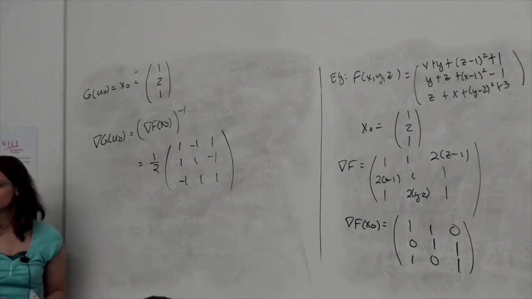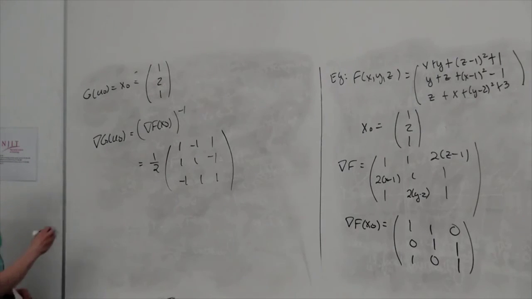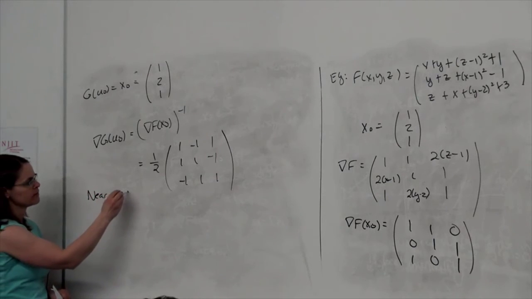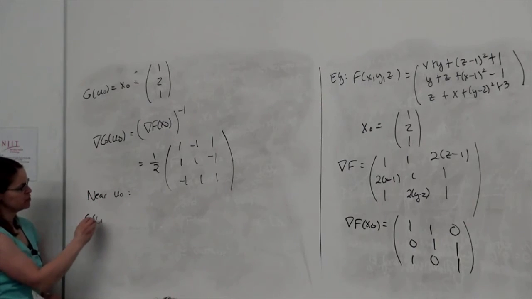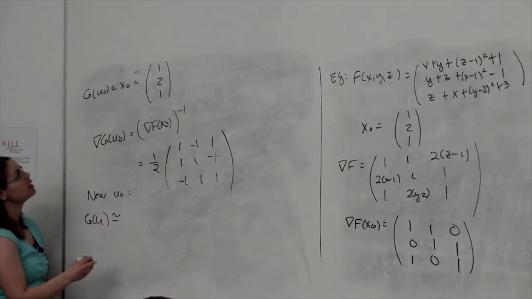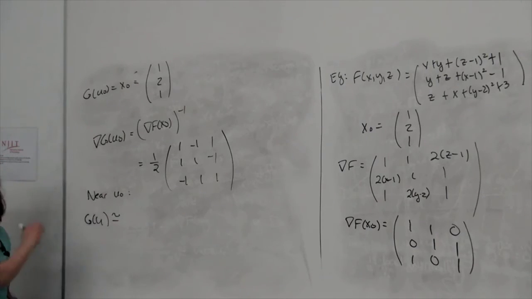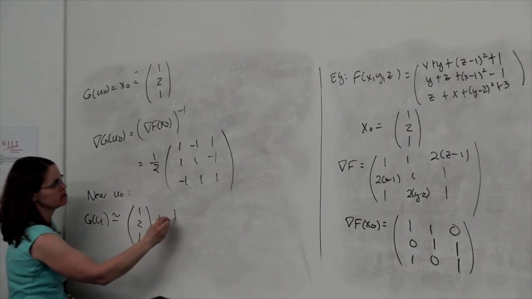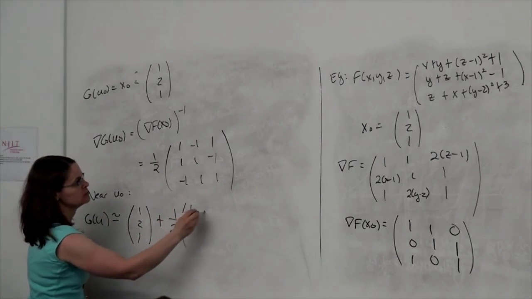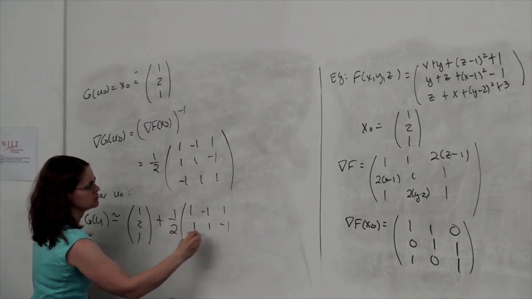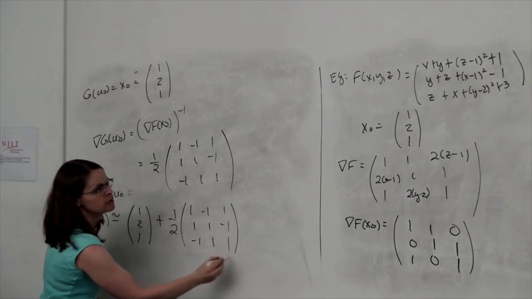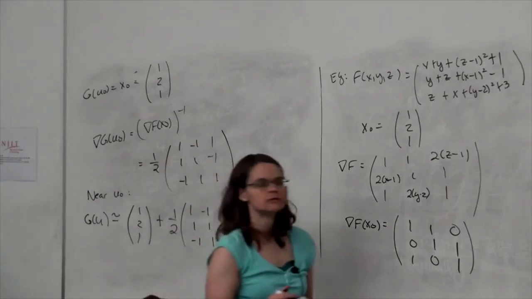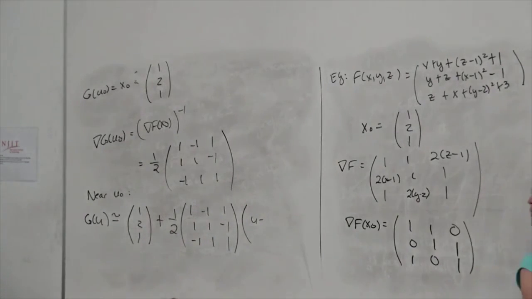And all of a sudden, we're in business here, at least near the point u naught. We're going to have that g of u is pretty close to g of u naught, which is 1, 2, 1, plus its Jacobian times u minus u naught, where u naught was 4, 2, 5 here.